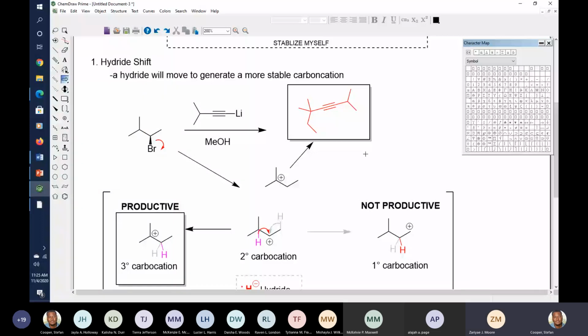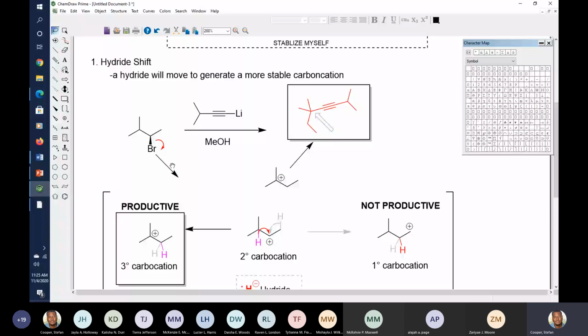So you already addressed the racemic part by doing the hydride shift? Not necessarily. A carbon cation rearrangement could lead to a racemic mixture. I'll give you guys a second to think about it.